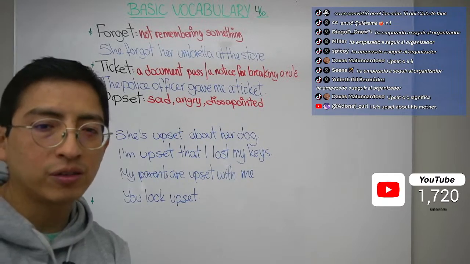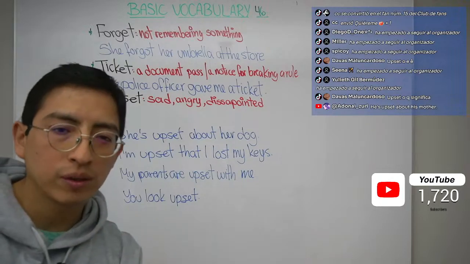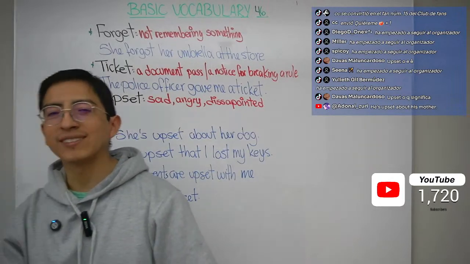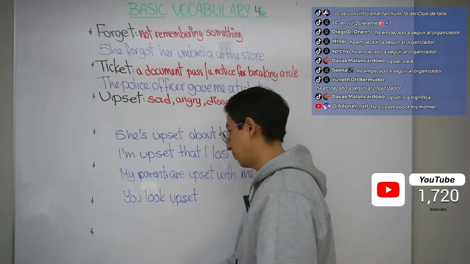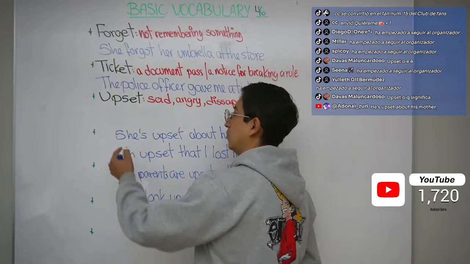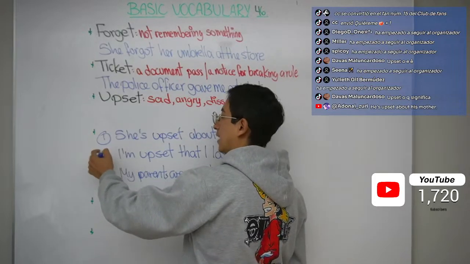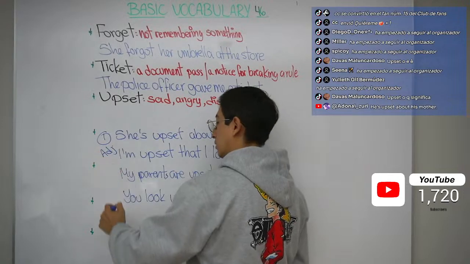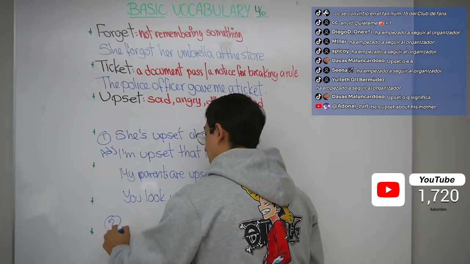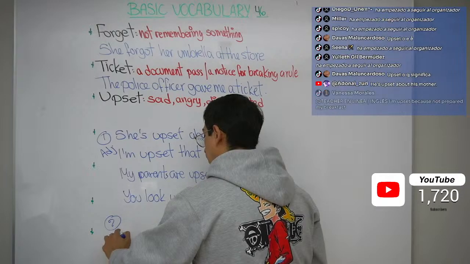I don't want to upset you because your friend isn't coming. En el caso de upset you, ahí sería un poquito más como molestar, ¿no? Aquí usamos como adjetivo, ¿ya? Number one, adjective. And number two is a verb. Okay, verb.